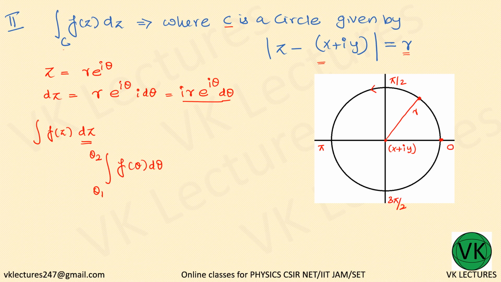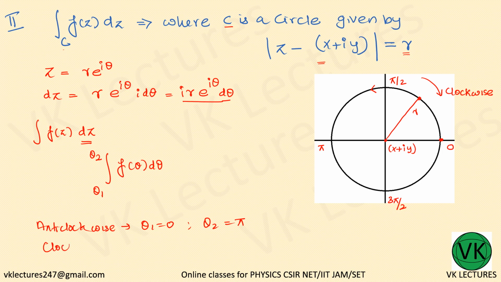So anti-clockwise means, if I write anti-clockwise, then the integration from 0 to pi means theta 1 equal to 0 and theta 2 equal to pi.